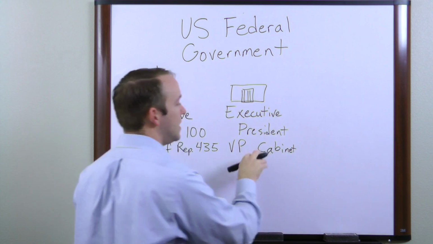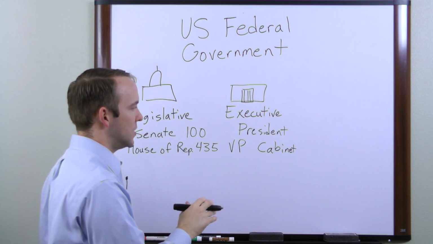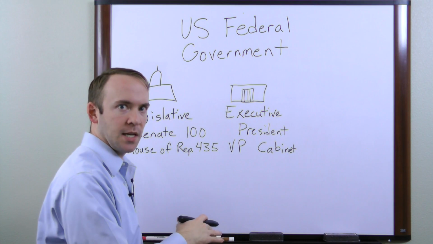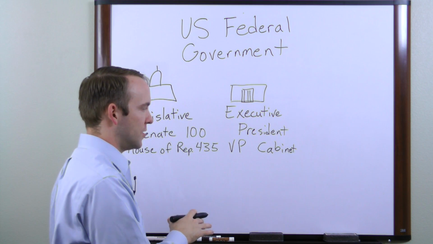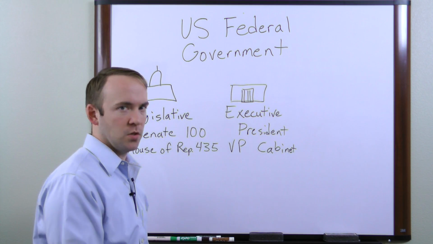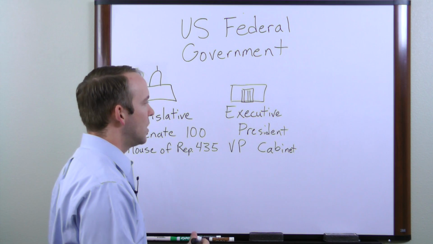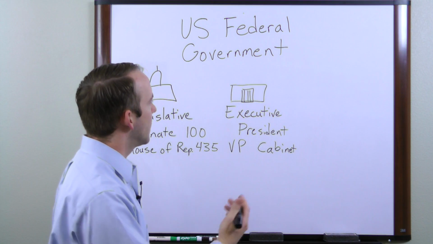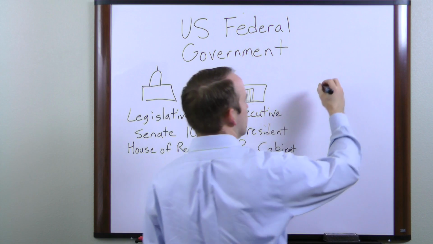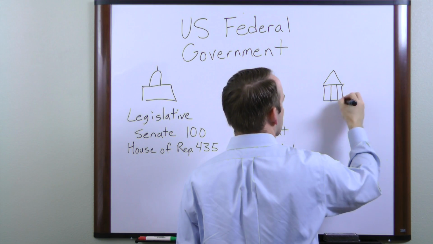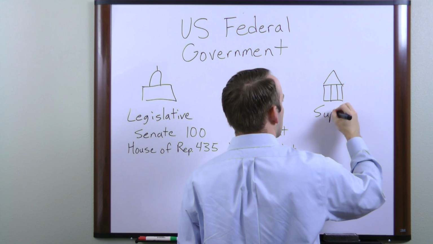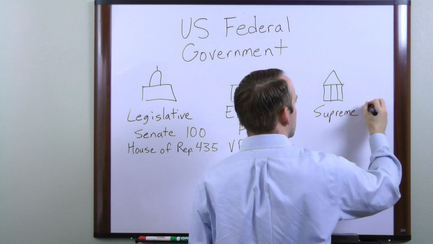There are 15 different cabinet positions ranging from the Secretary of State, which is the oldest, most prestigious of the cabinet offices, and all the way to the Department of Homeland Security, which is a more recent creation. The third branch of the government is the judiciary, which is housed in the Supreme Court, which is the top court of the land.